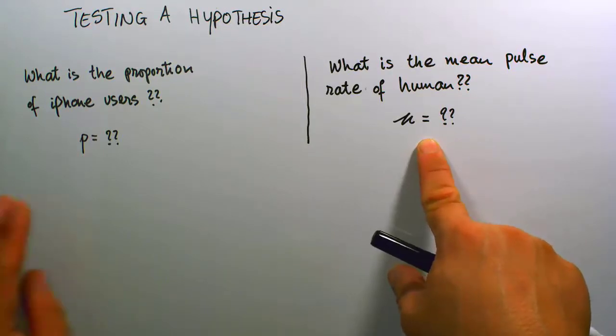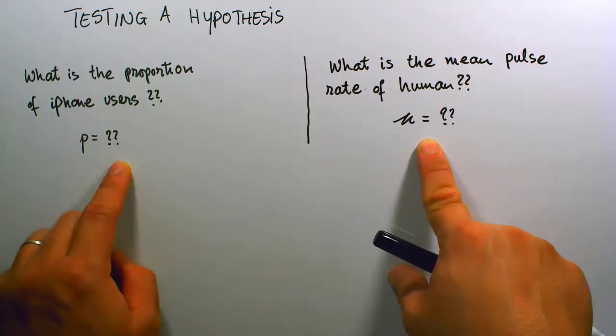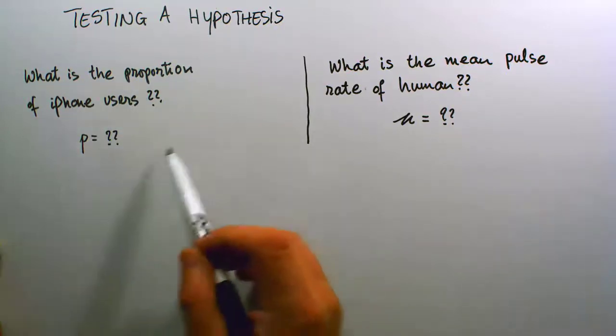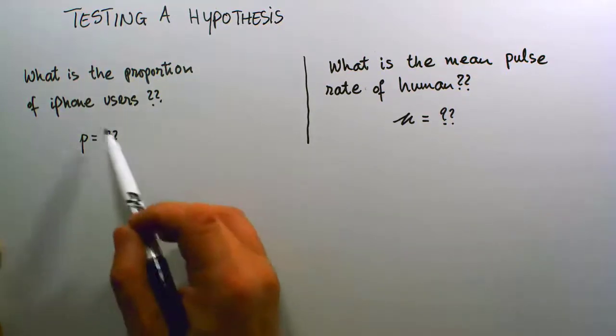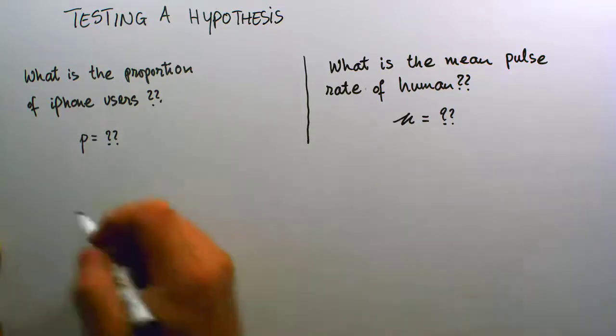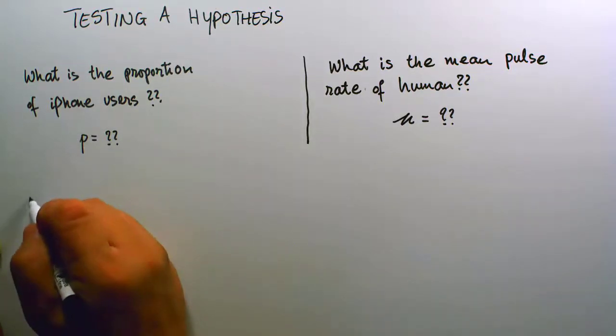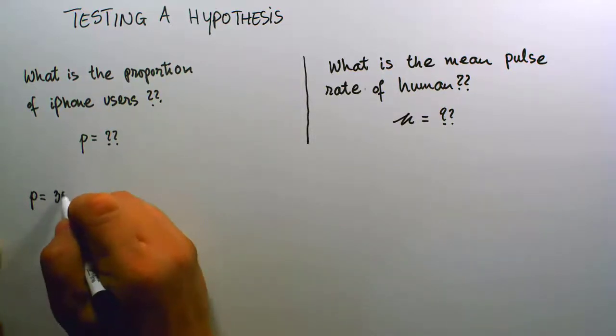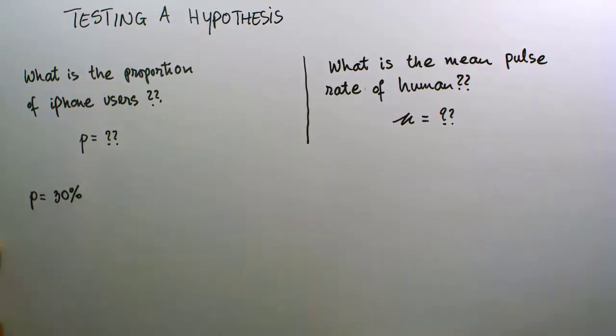Once these questions were addressed, back to the question about the population proportion, or the value of p right here, somebody can say the proportion of iPhone users is 30% of the world.